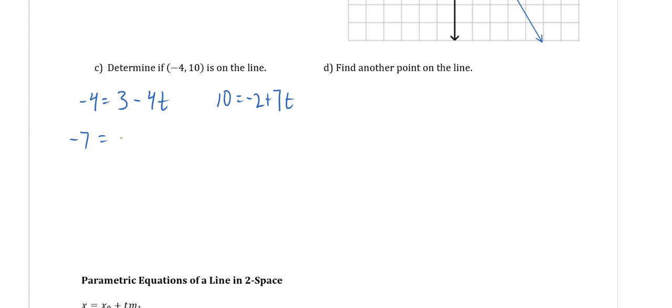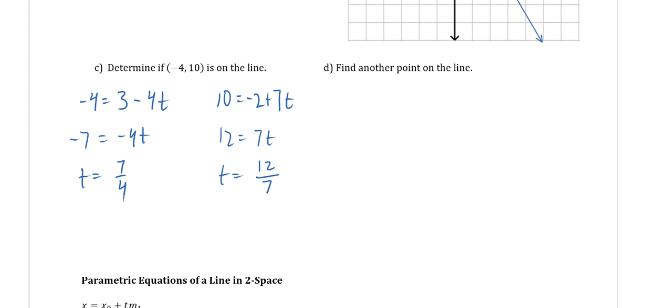Okay, and I'm going to solve these for t. And what do we get? What do you notice? What do you think about that?